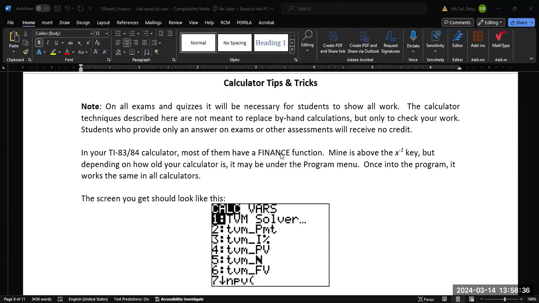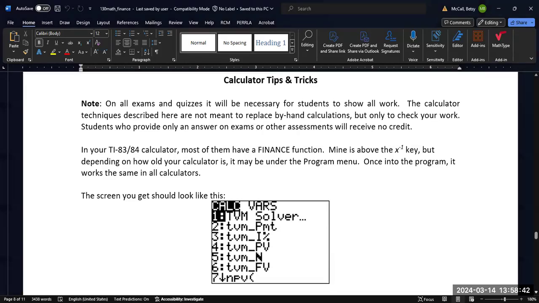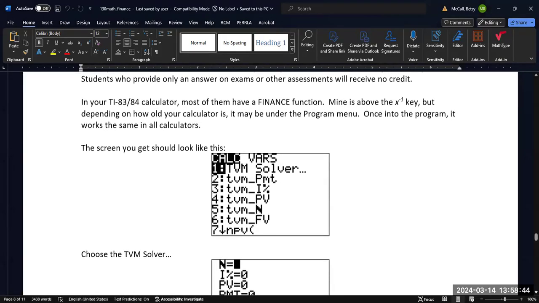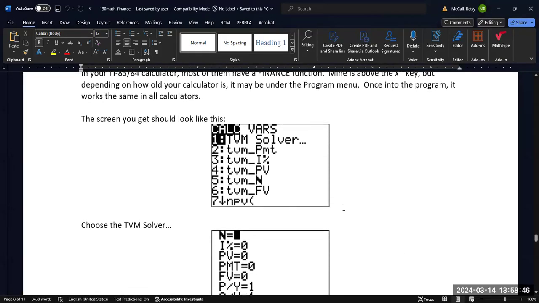And when you find that finance option and you click on it, you should get a screen that looks like this. Again, different calculators will have this finance option in different places, but in most calculators in the last 20, 25, 30 years, this is a default thing that does appear. You don't necessarily have to download it.